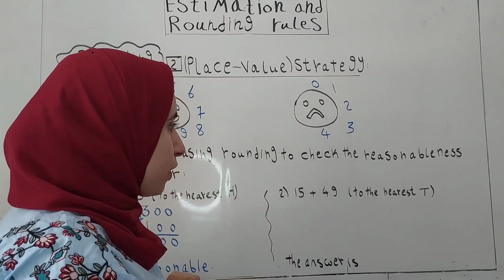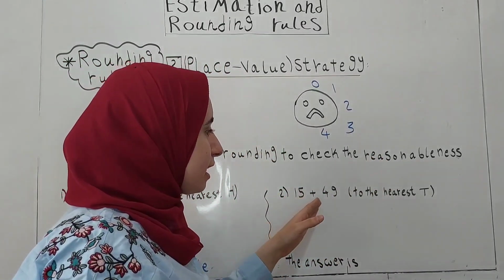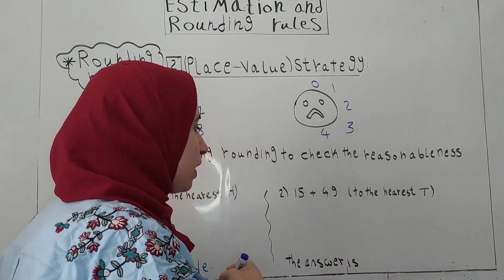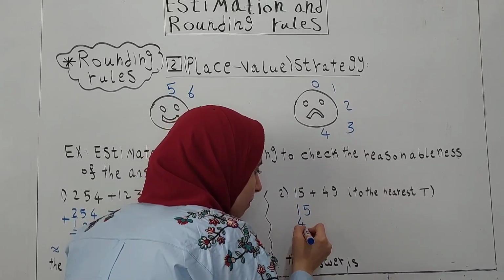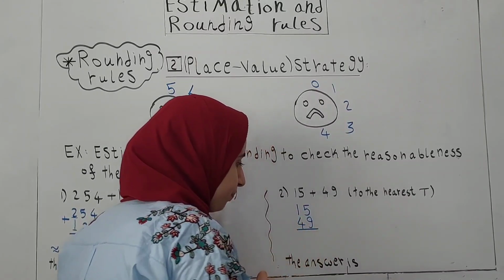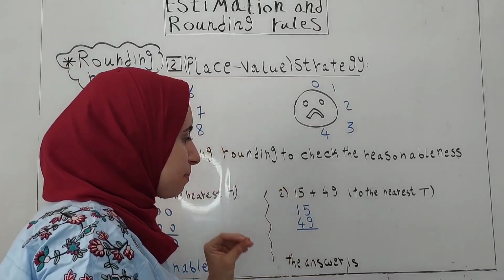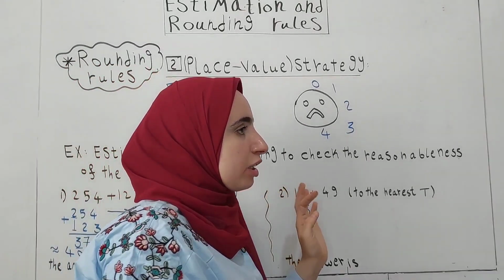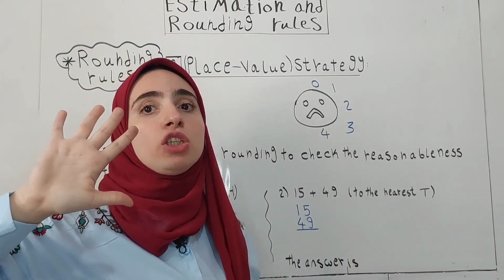The second one, we need to check the reasonableness of the sum of 15 and 49. We align the numbers with digits exactly above each other. And we start from the ones place. 5 plus 9. We put 9 in your mind and put 5 in your hand.